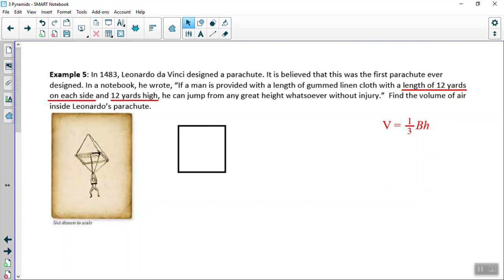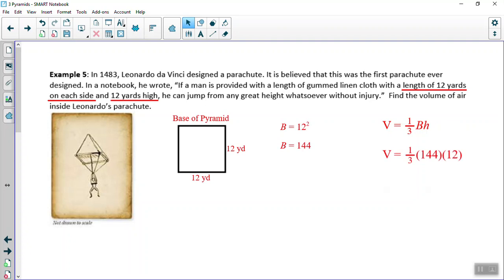So I know it's going to be 12, and I can label with 12. So this is the base of my pyramid. To find the area of my base, since it's a square, I'm going to do 12 squared, which gives me 144. And then they said that it is 12 yards high, so that's going to be our height.